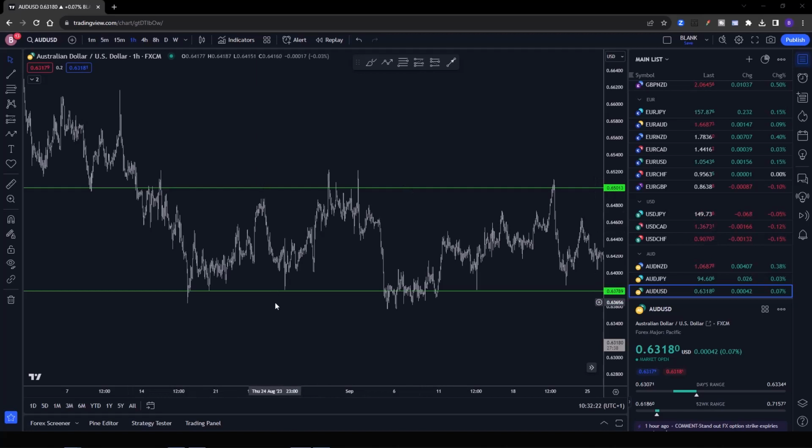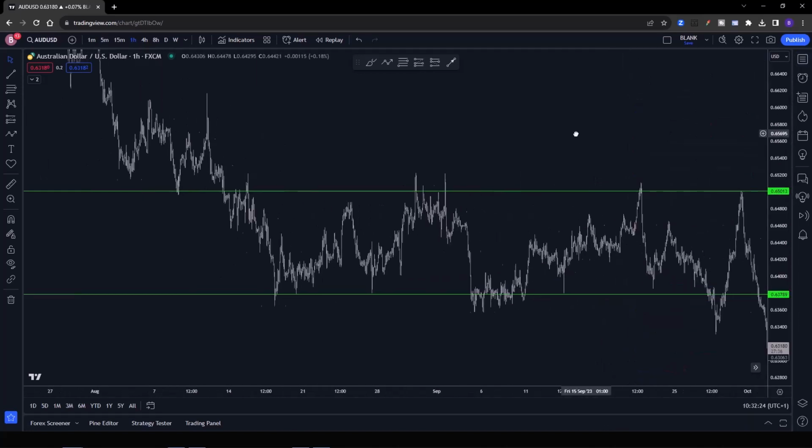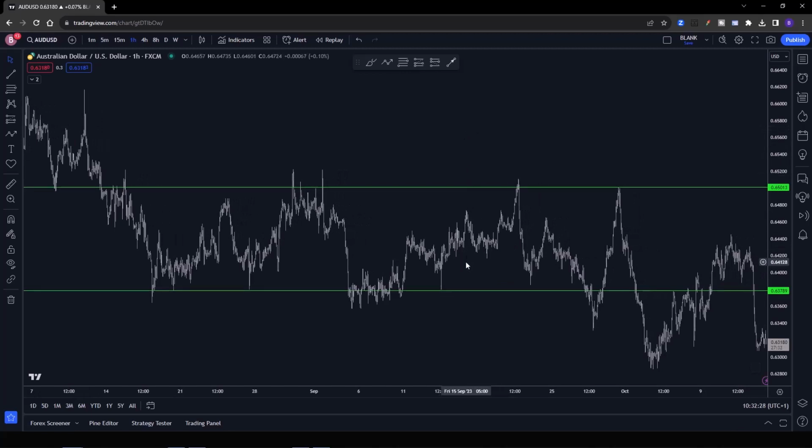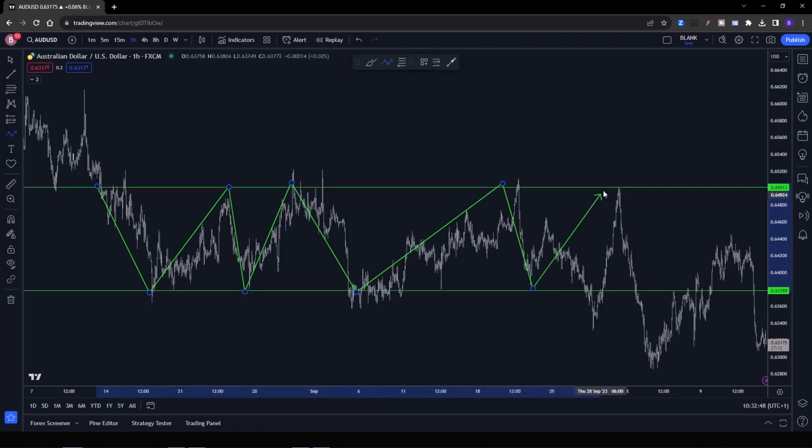Okay, so I've now marked up the range. I'm just going to get rid of this so we can see a little bit more. And I've zoomed in a little bit closer because there's something I want to show you. So unlike our textbook example where price just bounces perfectly between floor and ceiling, what we tend to get in a real range is that sometimes it doesn't quite make it, and sometimes it goes a little bit too far.